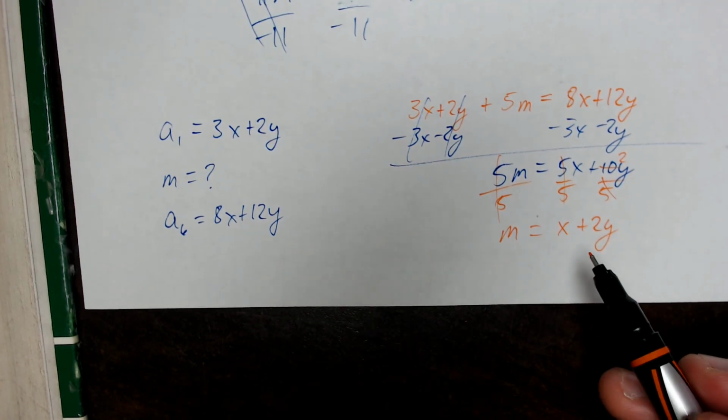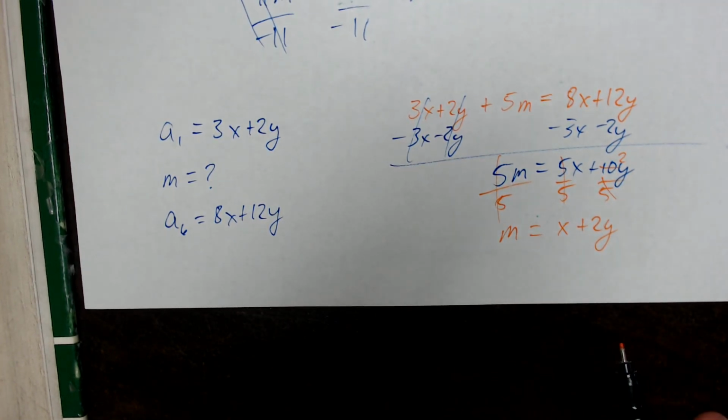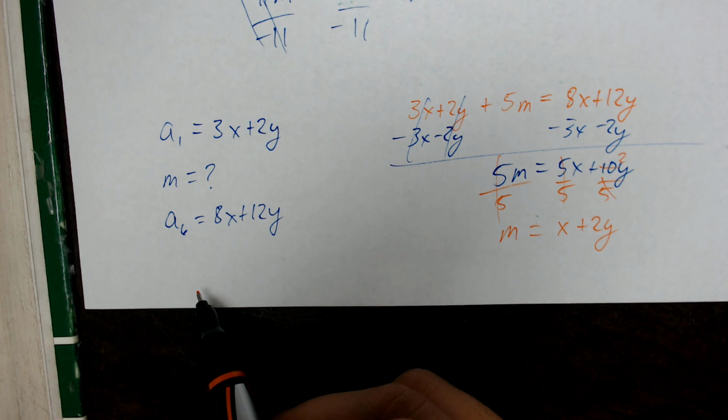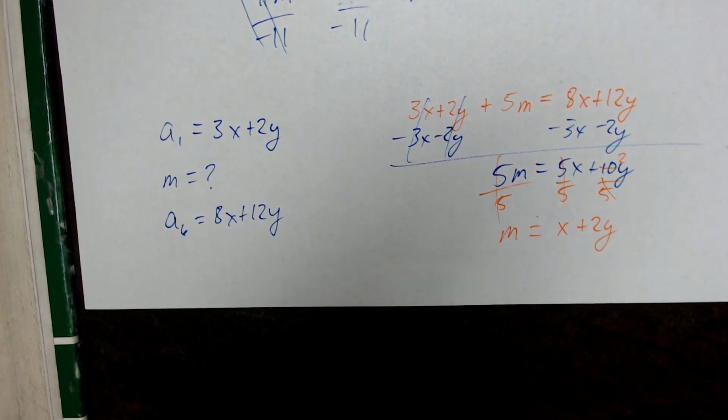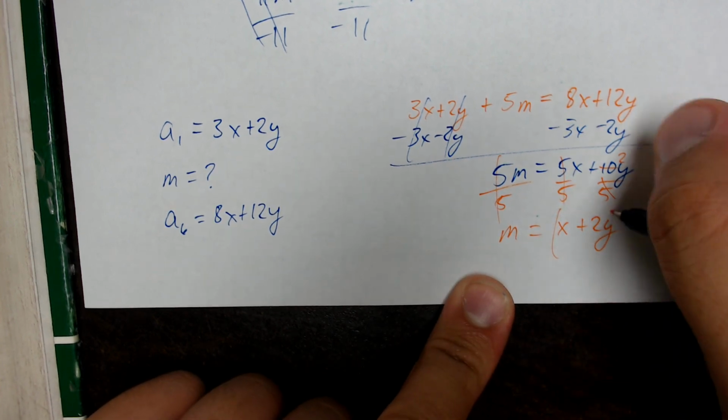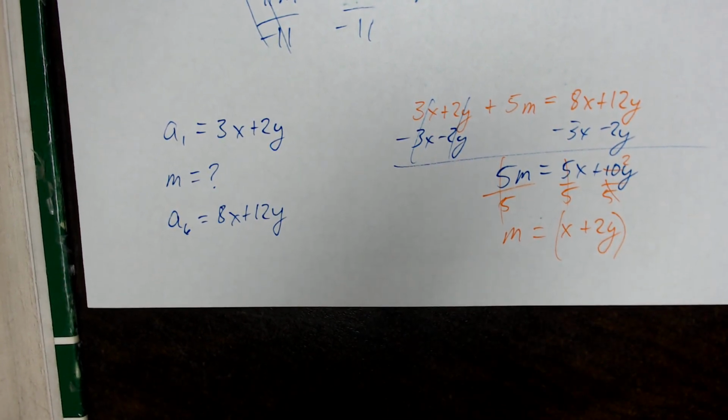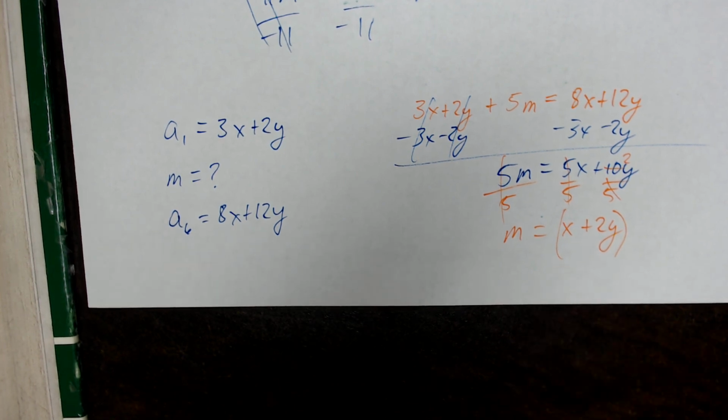So some of you are thinking like, Mr. Claiborne, we still haven't solved anything. If you remember, our numbers are in terms of x and y. We know what our arithmetic mean is. All we have to do is add this to our number. So if our arithmetic mean is x plus 2y, and we have to find the 10th term, then the 10th term is just going to be the first term plus 9 times the mean, right?